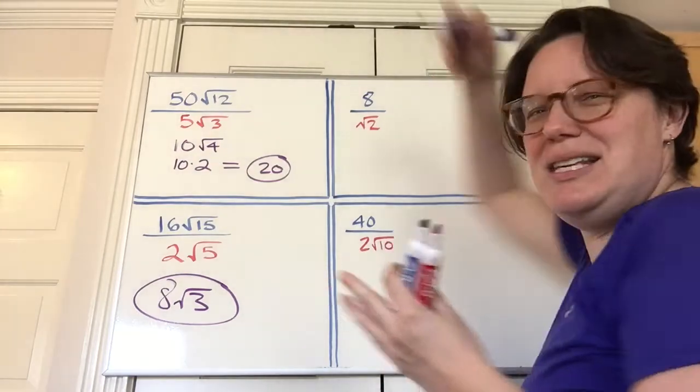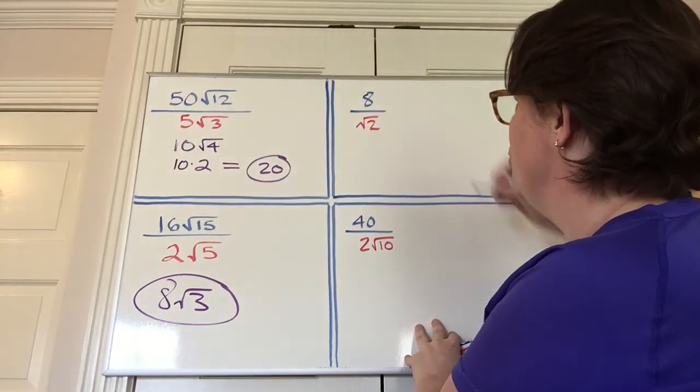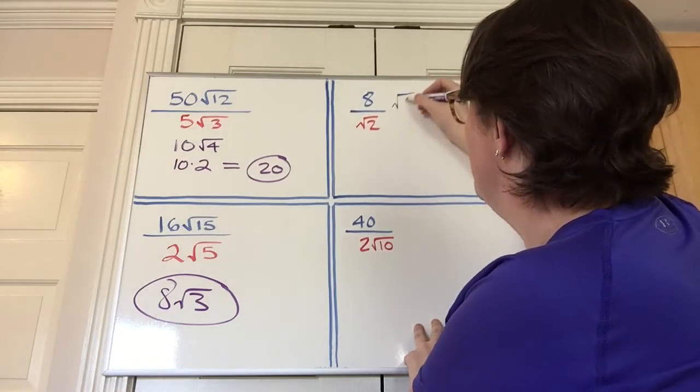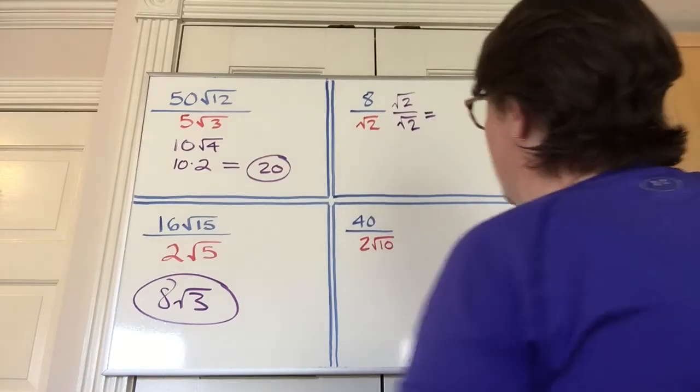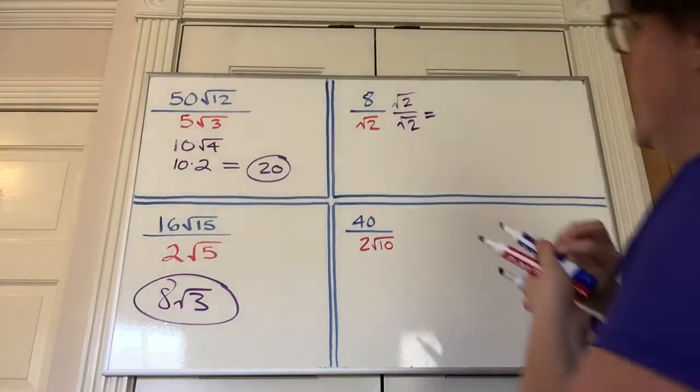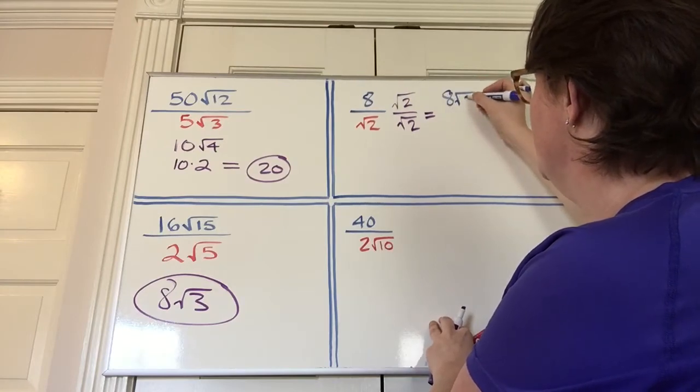So it seems kind of weird, but what we're going to do is say, okay, I can't do 8 divided by root 2, so I'm just going to multiply both the top and the bottom by root 2, by the denominator. Okay, so what happens there? On the top, those two can't combine, so that becomes 8 times the square root of 2.